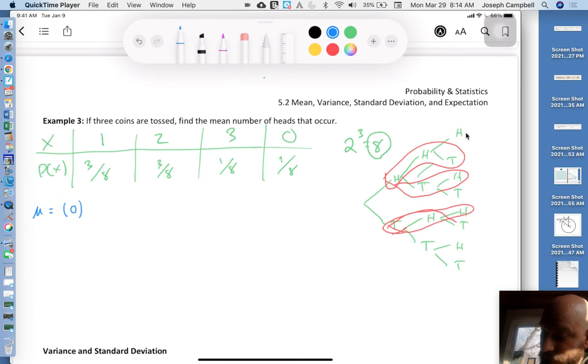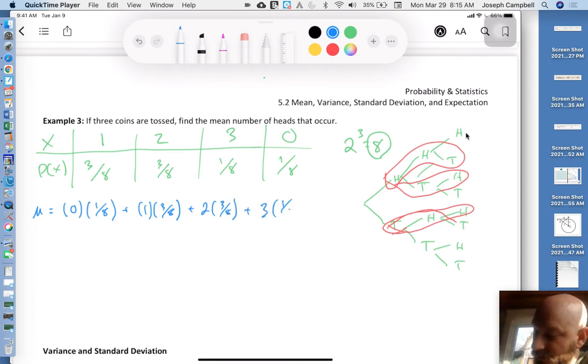That's 0 times 1/8, which is clearly 0. 1 times 3/8, 2 times 3/8, and 3 times 1/8.